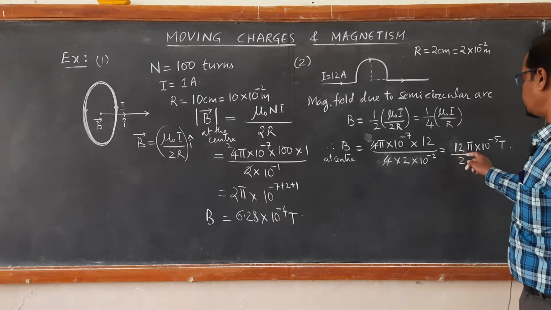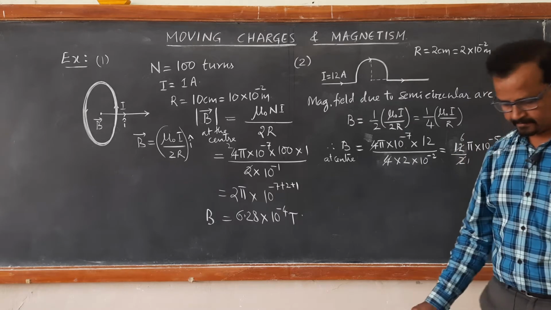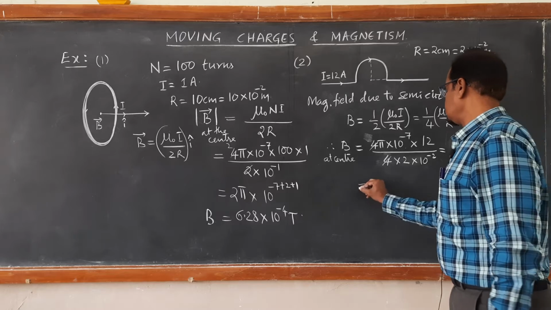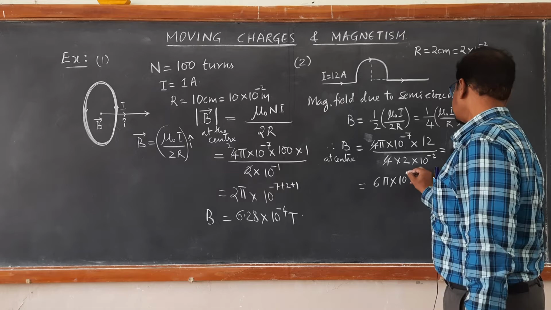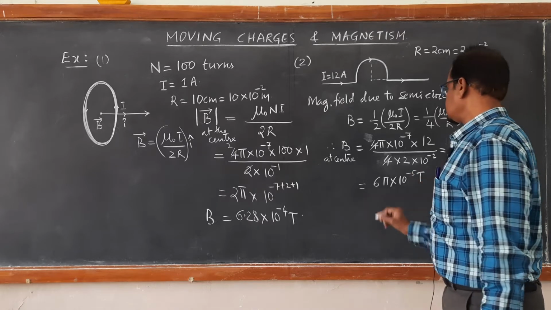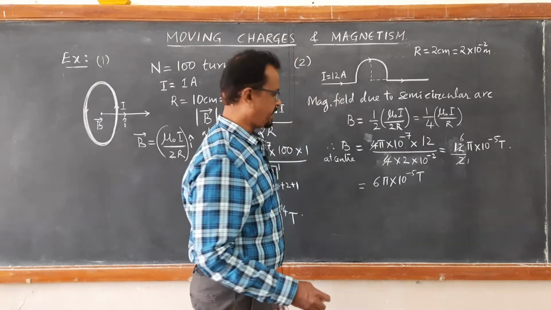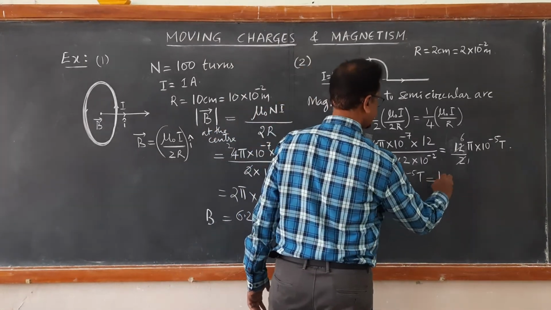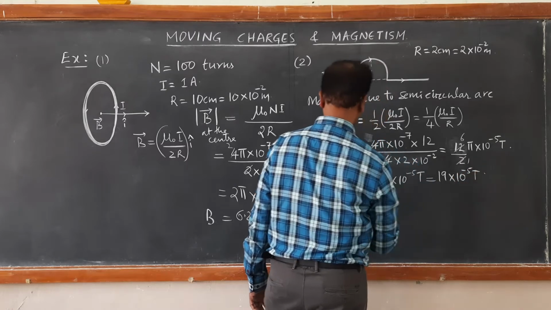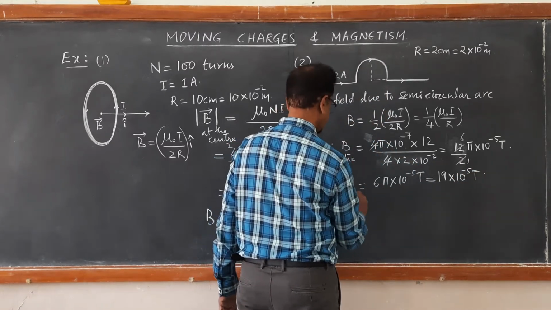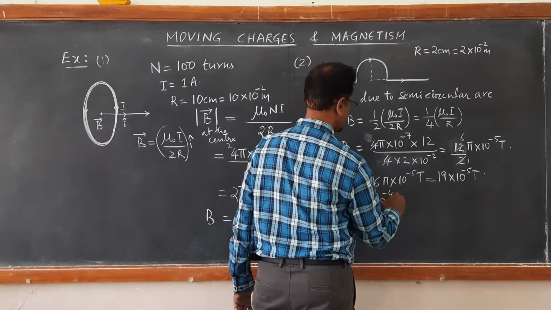So it is 12 by 2. 2 ones are 2, sixes are, so 6 pi. So this comes out to be 6 pi into 10 raised to minus 5 Tesla. 6 into 3.14, so almost it comes out to be 19. So 19 into 10 raised to minus 5 Tesla. That can therefore be written as B equal to 1.9 into 10 to the power of minus 4 Tesla.